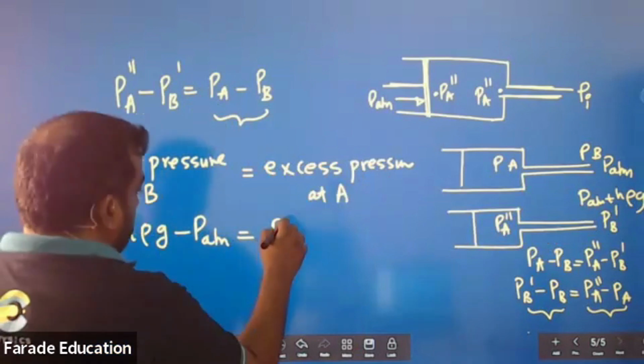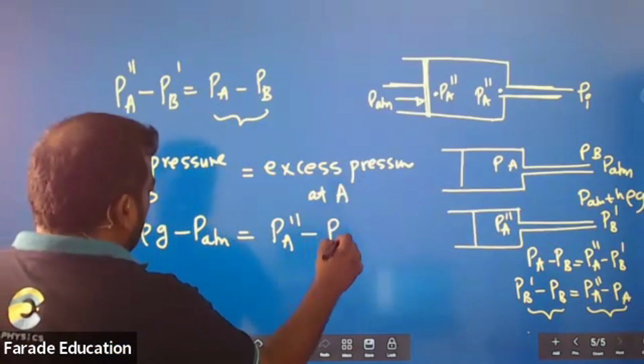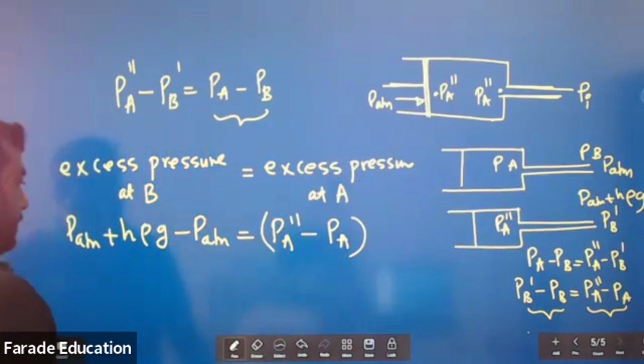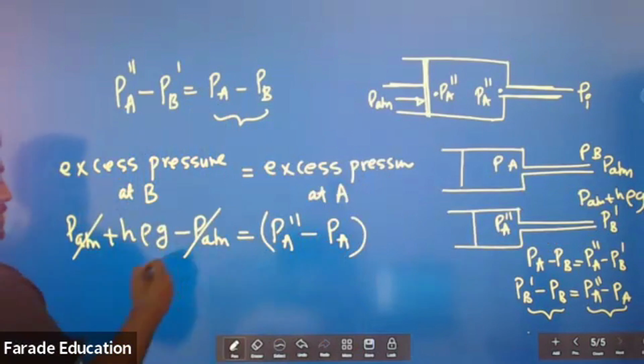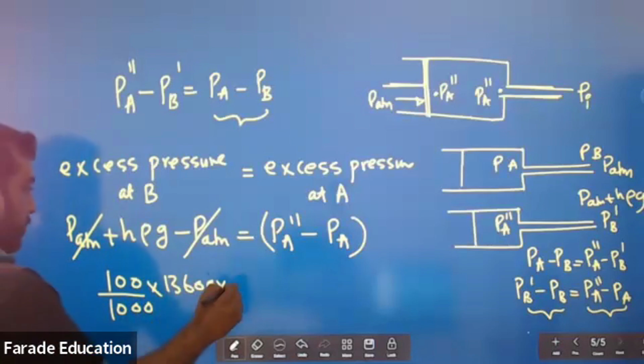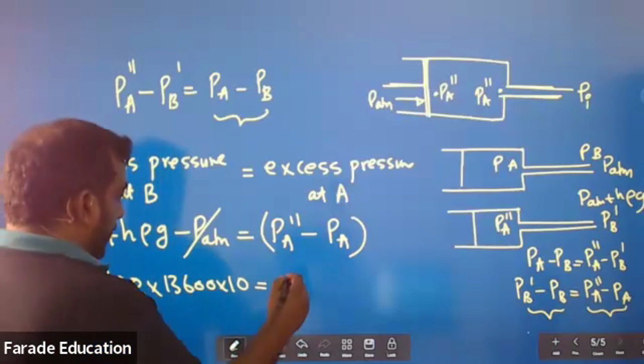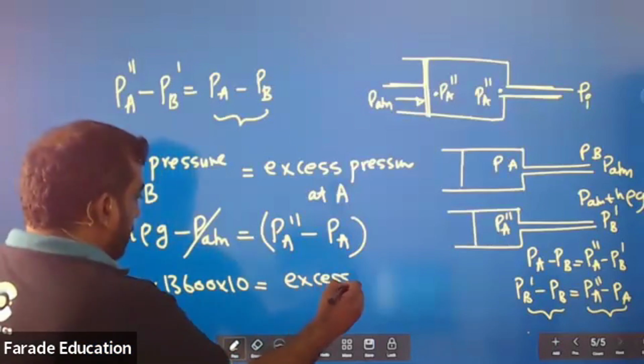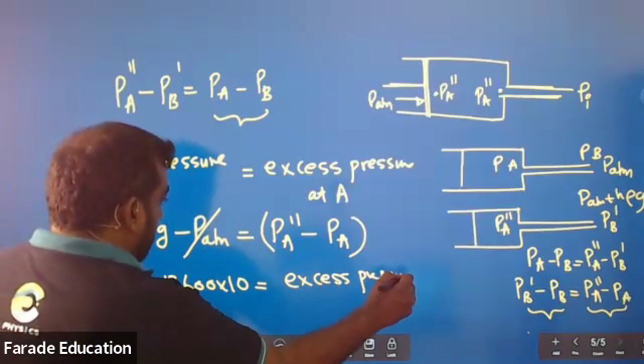Excess pressure at A is PA double dash minus PA. Simplify this, H rho G you will get. H rho G is equal to 100 millimeter converted to meter, 13,600 into 10. That's your excess pressure at A.